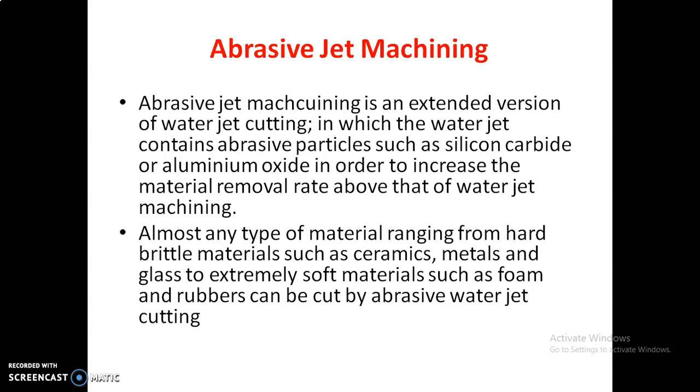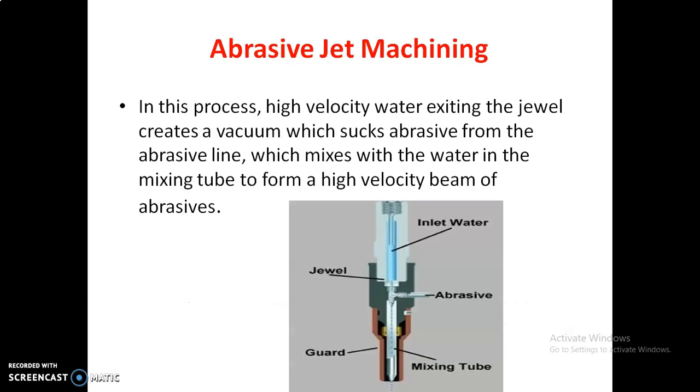Here in this process, you can see high velocity water exiting the jewel. This is the jewel and this is the high velocity water which is exiting the jewel, creating a vacuum which sucks abrasive from the abrasive line.